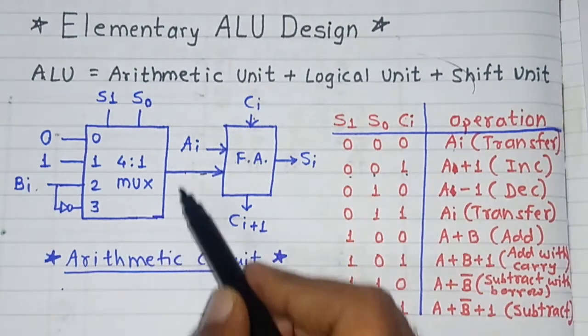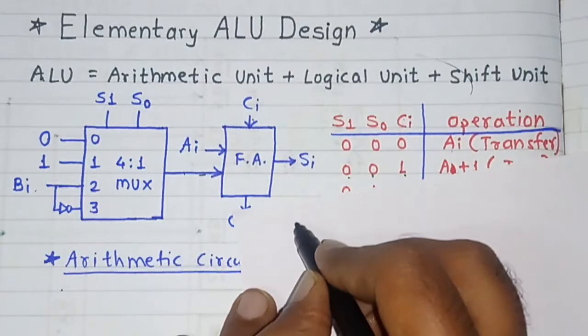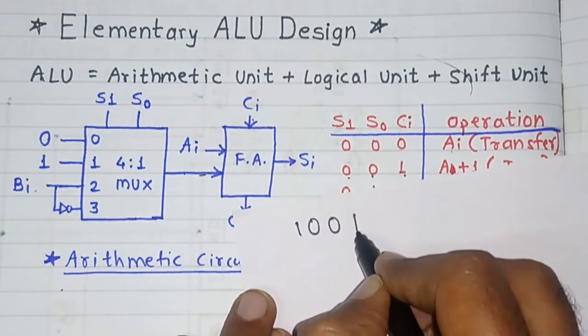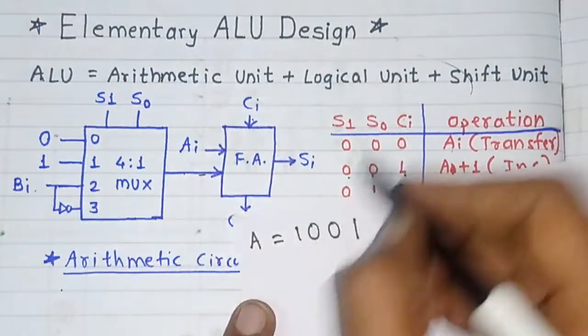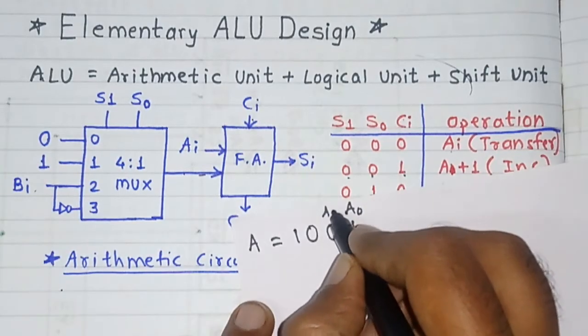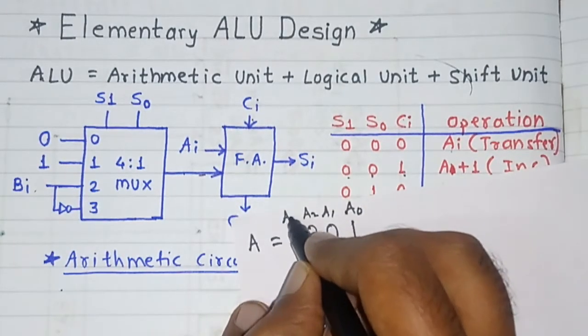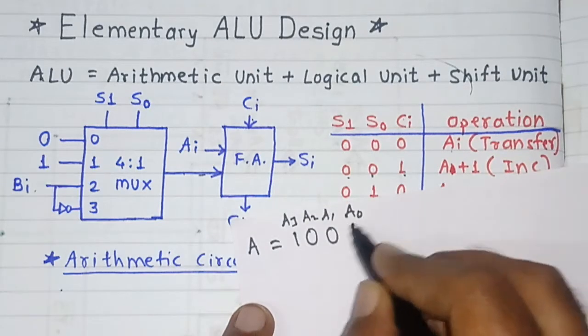Consider that the value of A is 1001. This circuit is for A0, this is A1, this is A2 and this is A3. We are just talking about this single bit A0.